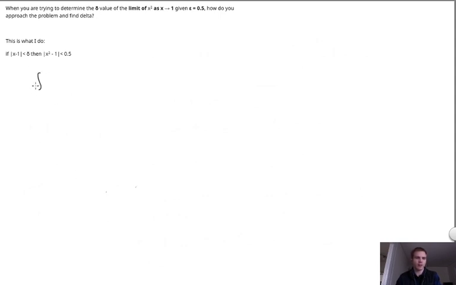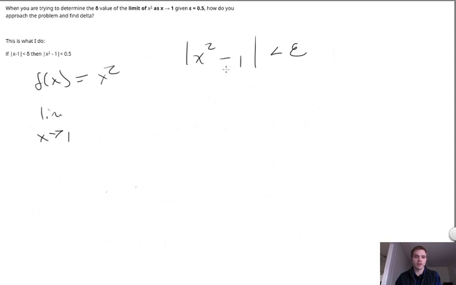Okay, so f of x equals x squared, and so we want the limit as x approaches 1, which means that by the limit definition, we should have the absolute value of x squared, which we're claiming the limit of this is 1. So x squared minus 1 should be less than epsilon, okay?